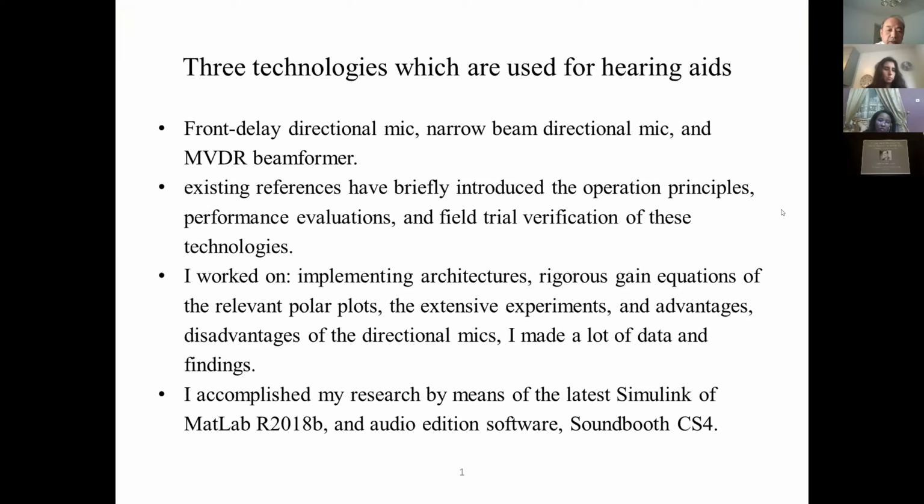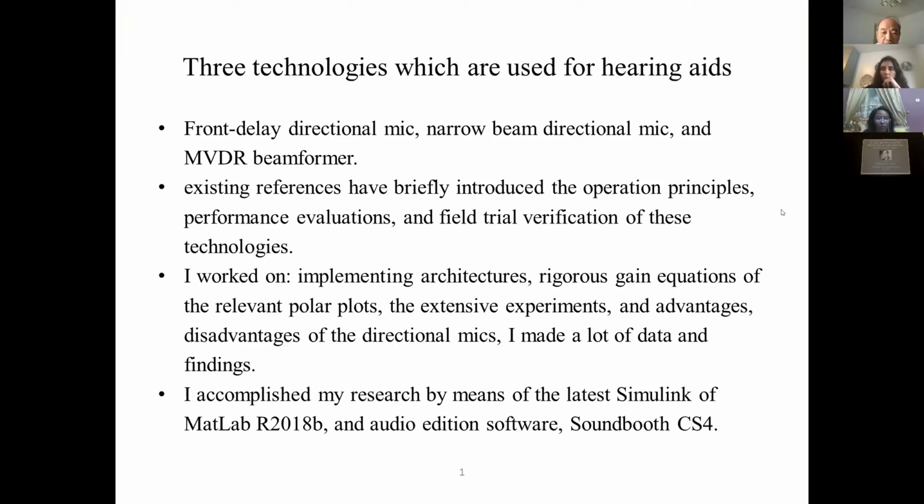Existing references have briefly introduced the operation principles, performance evaluations, and field trial verification of these technologies. I worked on implementing architectures, rigorous gain equations of these, relevant polar plots, the extensive experiences and advantages and disadvantages of directional mics.